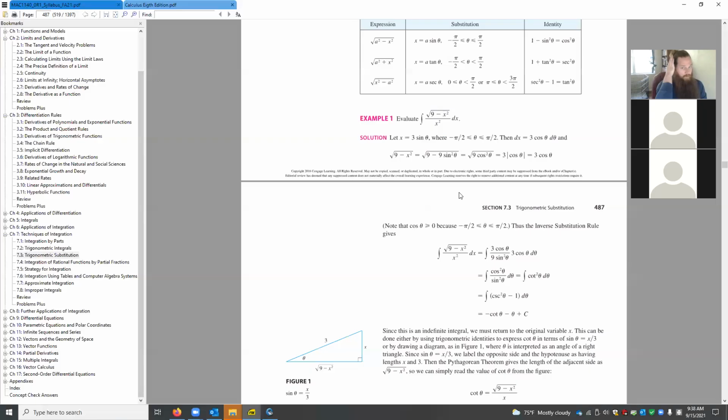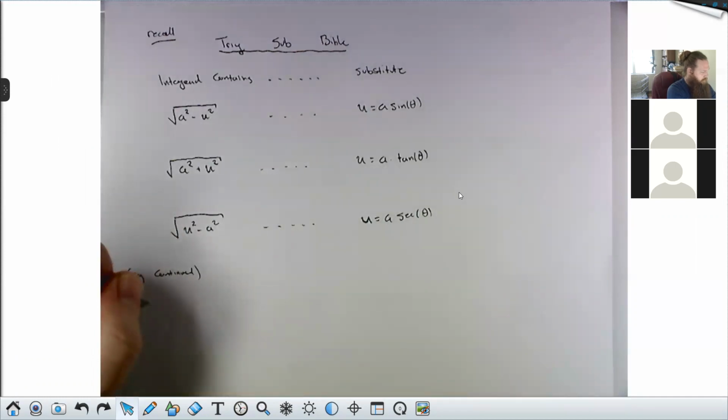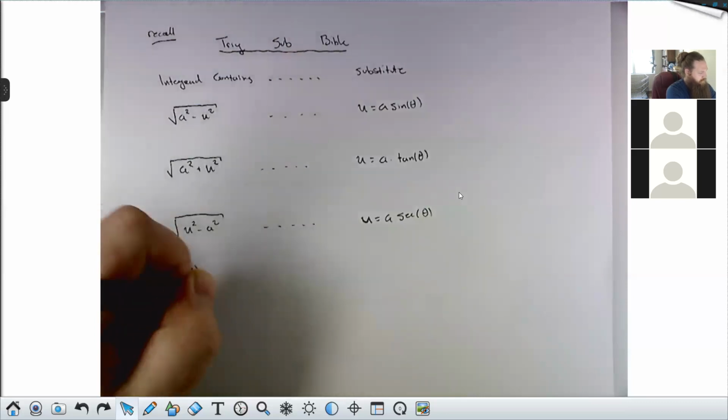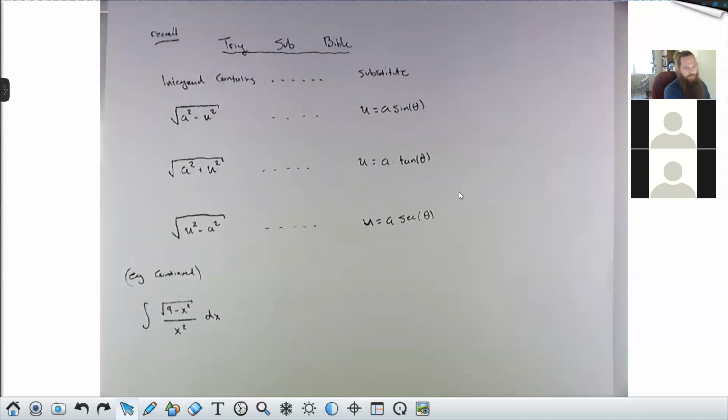So that was the integral of the square root of 9 minus x squared all over x squared. What I should do is first look at the integral.